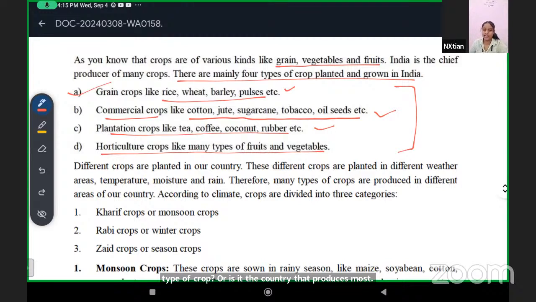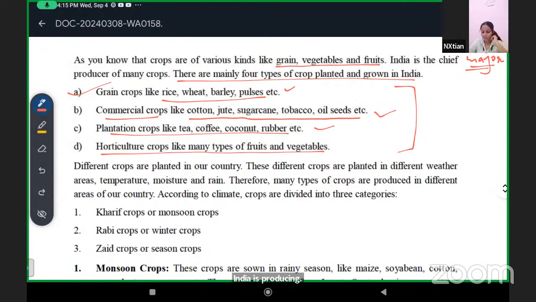Chief producer means major producer. It is a country which majorly produces a huge number of crops in the whole world. Okay? Major producer of crops.